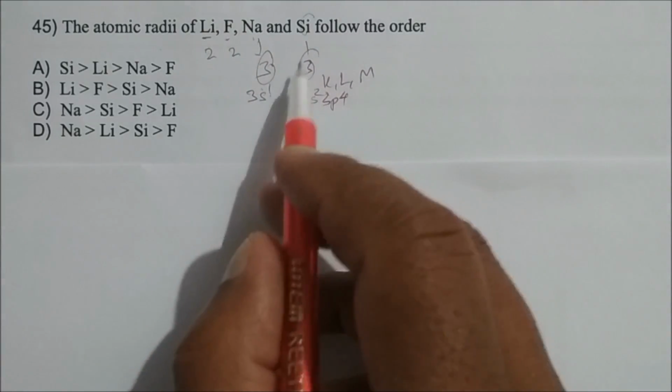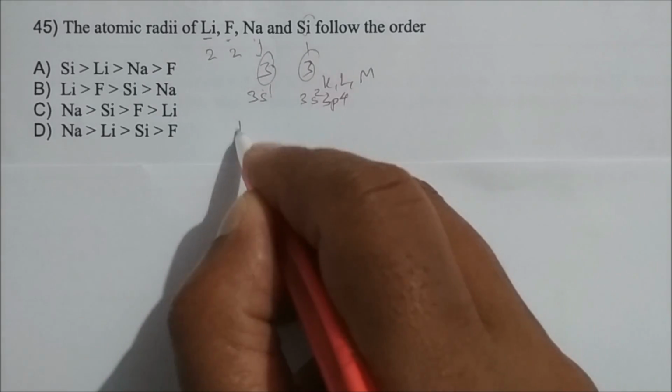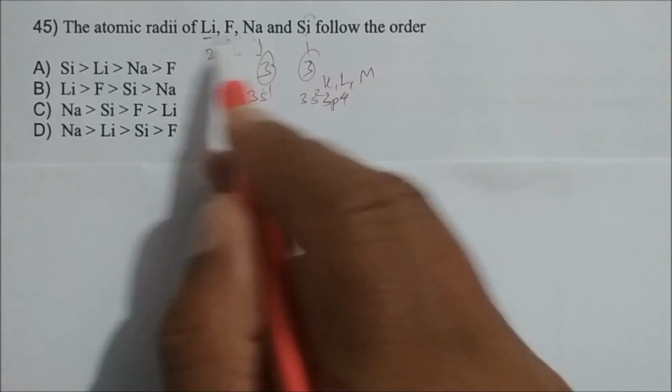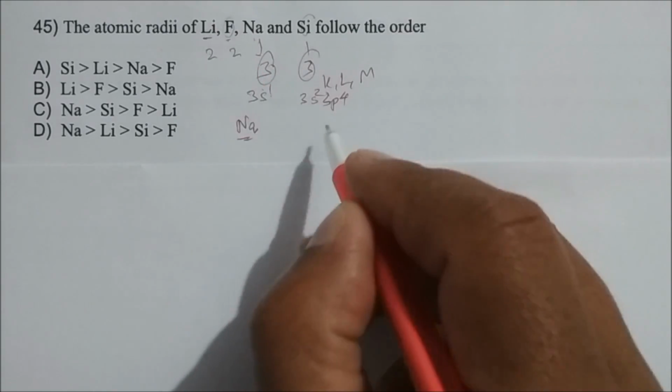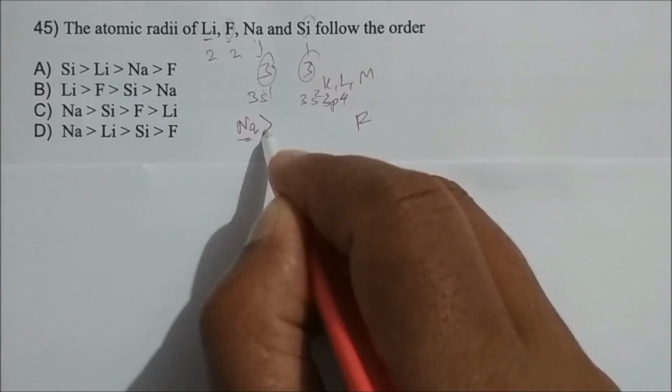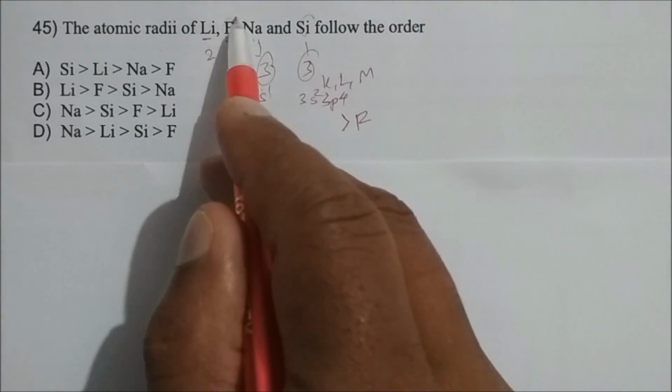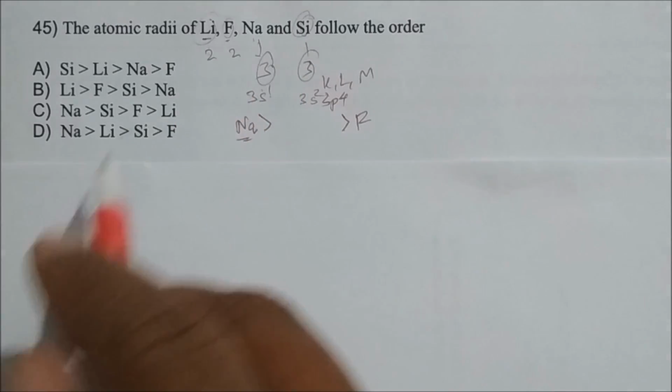It has more protons, but definitely sodium will be the highest, and which is the lowest? Out of these 4, fluorine will be the lowest. So this is the highest, the biggest shell, and this is the lowest. Now 2 are left in between, lithium and silicon.